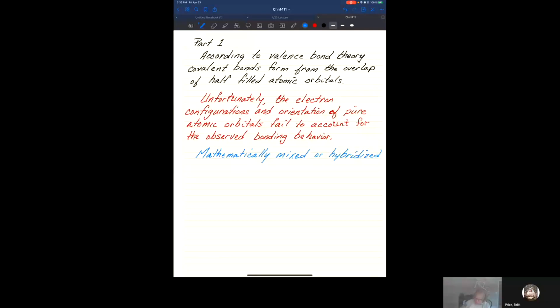So mathematically mixed or hybridized atomic orbitals were then proposed as a way to explain and predict bonding.